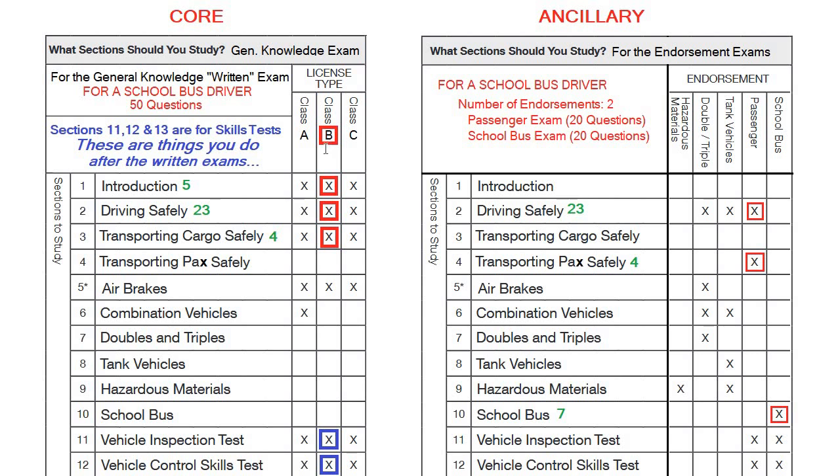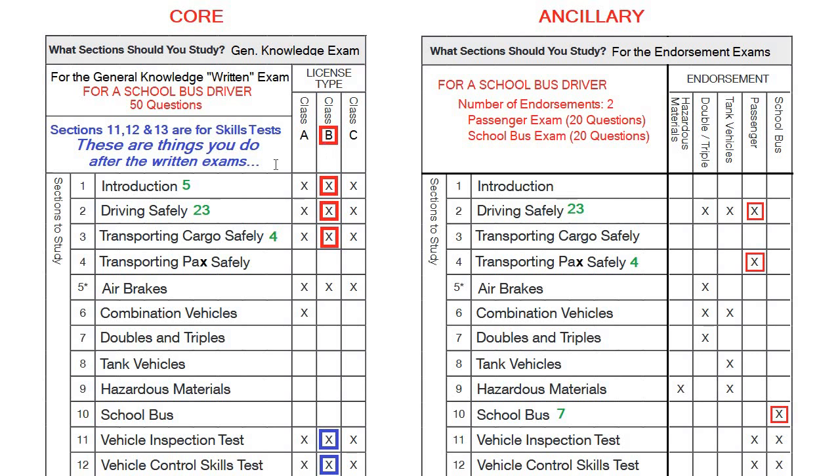If you want to learn how to determine whether it's a Class A, Class B, or Class C, you need to look at figure 1.1. We're not going to go into that right now. We're just going to discuss what you need to study in terms of the written exam to pass the school bus driver to get that type of CDL.